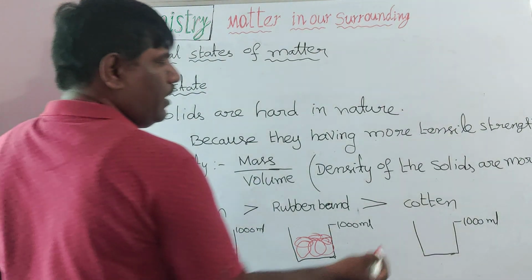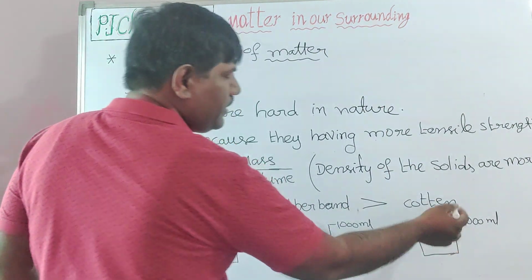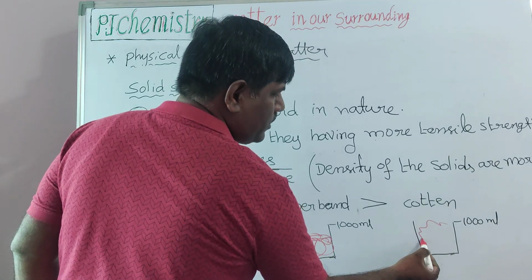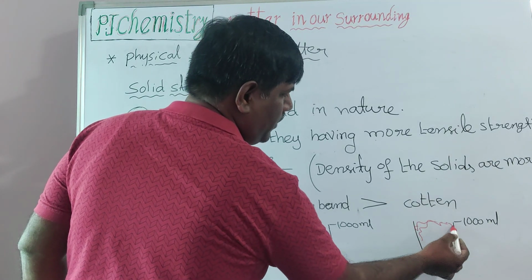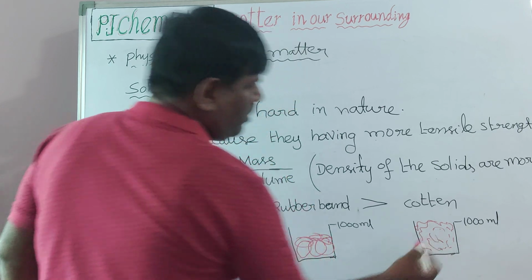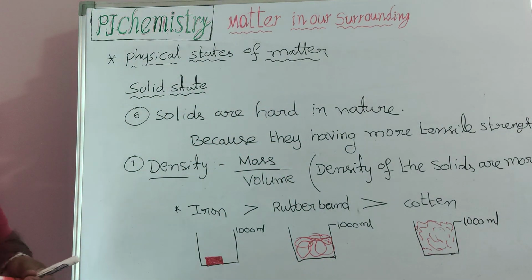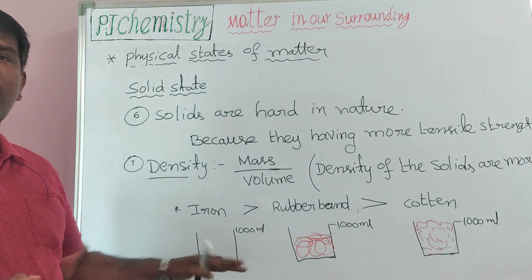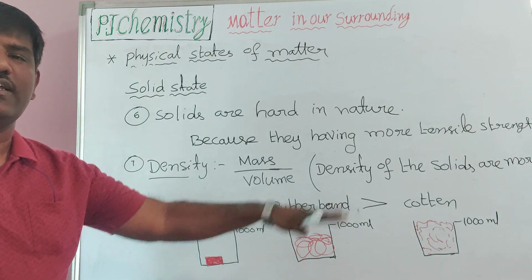Next, I put cotton in the third container. Cotton occupies almost the complete volume of the container. That means with the same volume and the same mass, the space occupied is different.